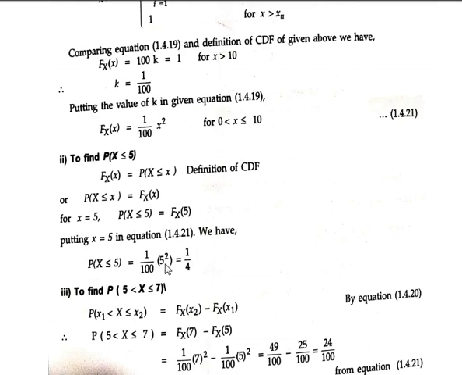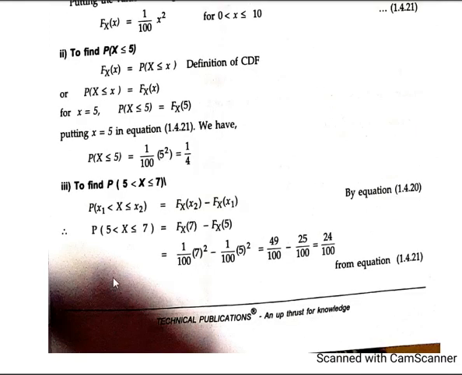So just write x as 5. When we put x equal to 5, it is 5 square by 100, so we get 1 by 4. Similarly, the probability between 5 and 7 is fx of 7 minus fx of 5, which is 7 square by 100 minus 5 square by 100.